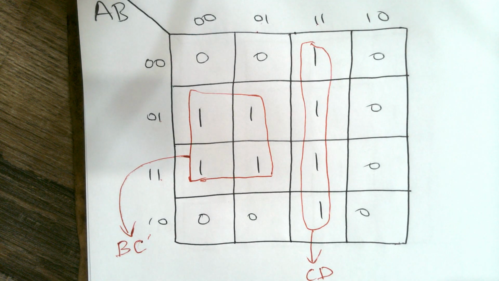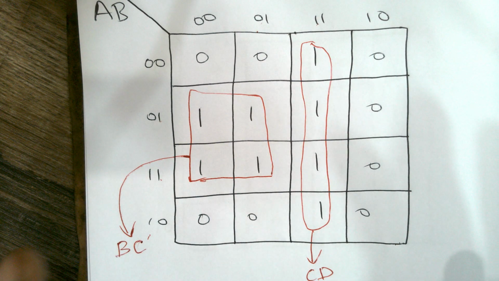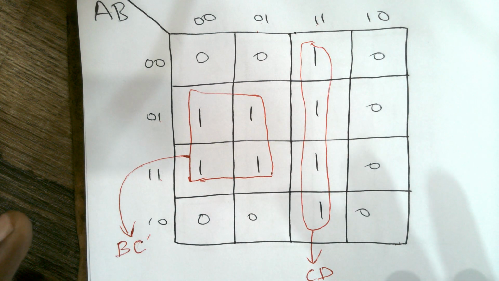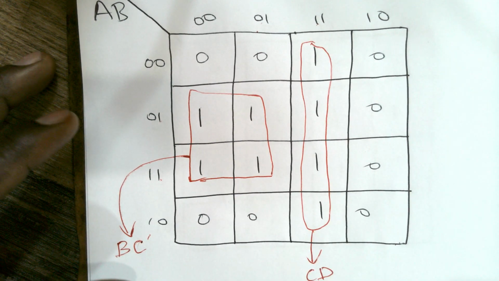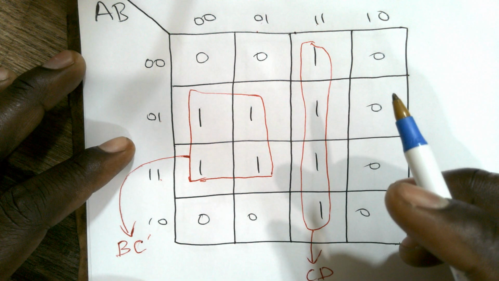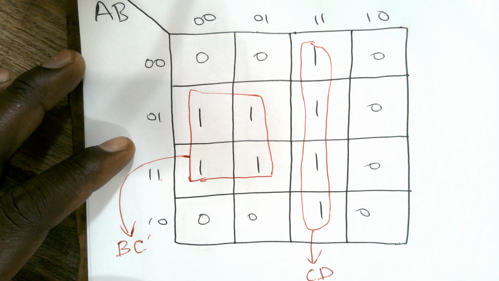If we see any neighboring ones, any ones adjacent to each other that are not in the same circle, those ones will result in hazards. Let me point out in this Karnaugh map, there are ones that are adjacent to each other but are not in the same circle.